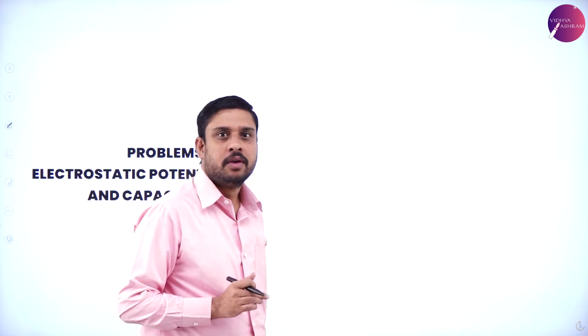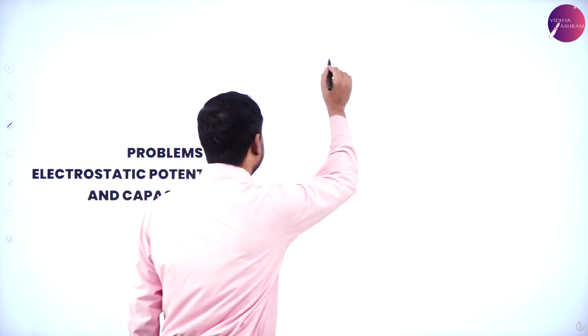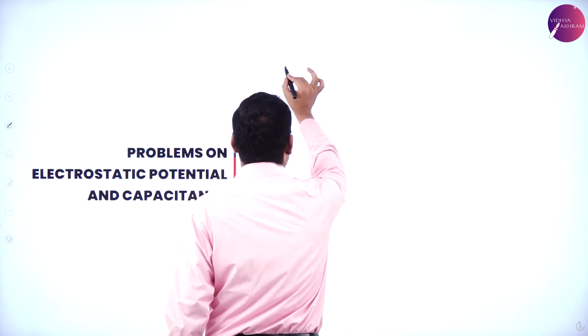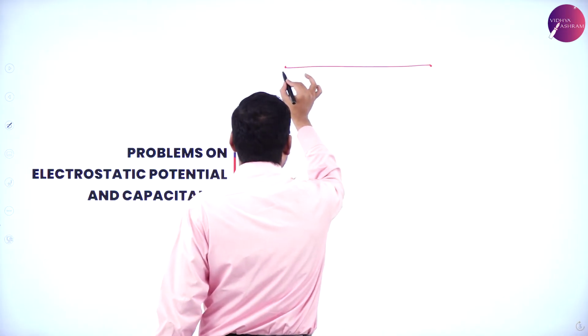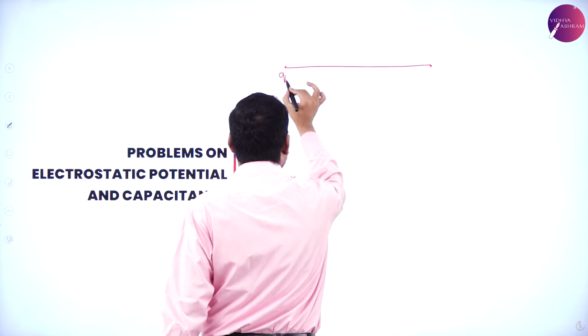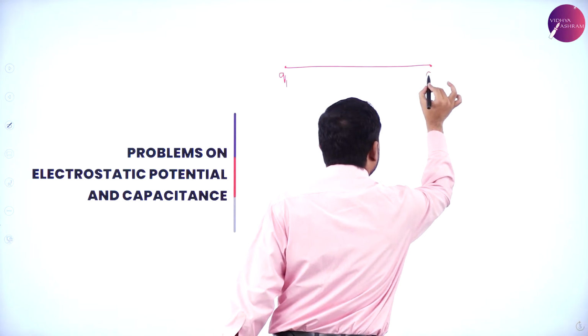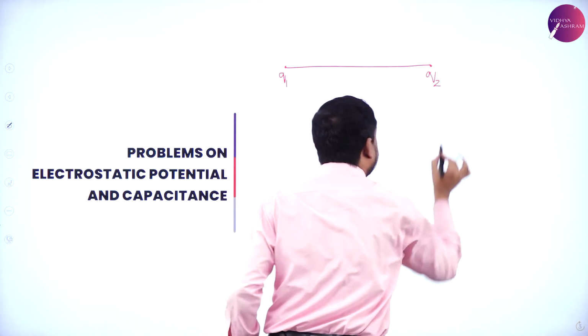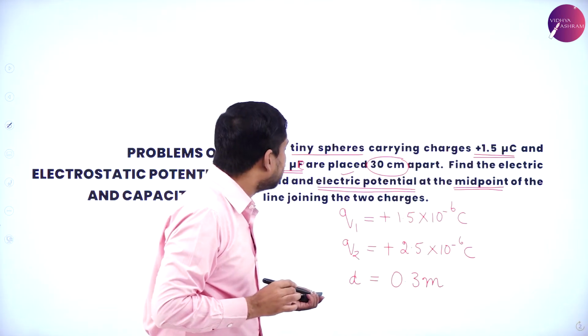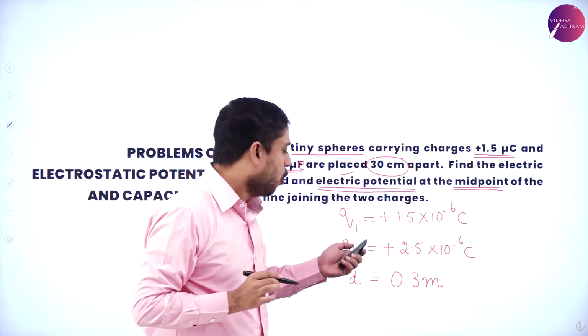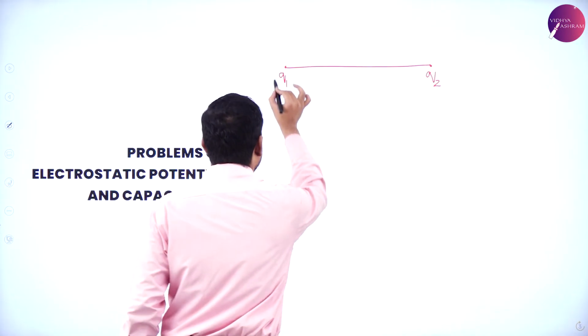Now, we will construct the diagram here. So this is the first charge Q1, the second charge Q2. How much is Q1 given to be? 1.5.